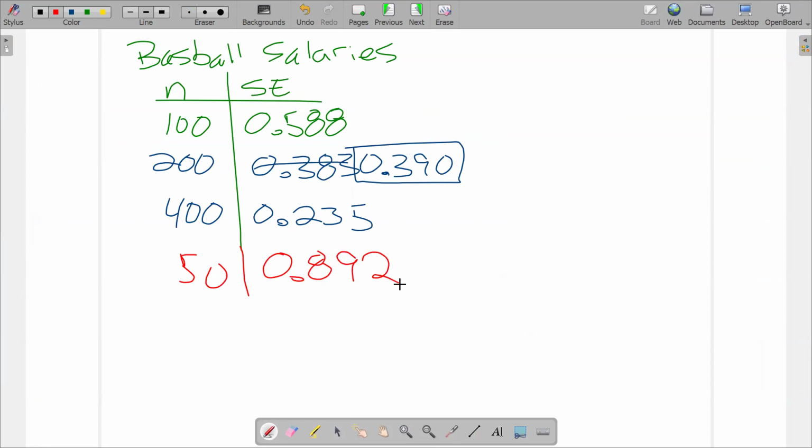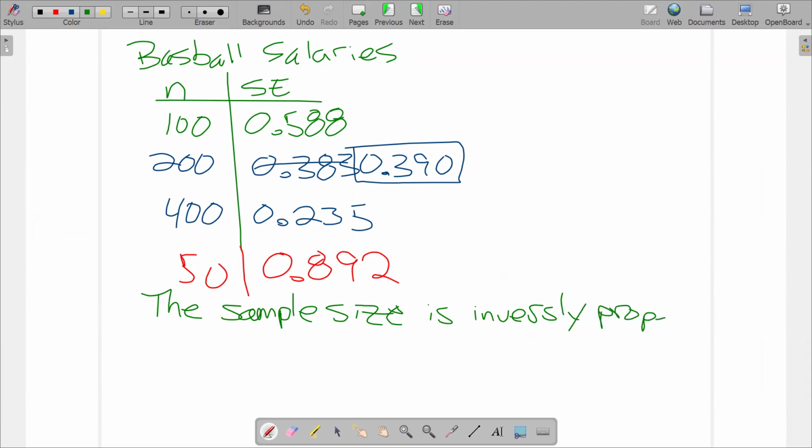So what we're seeing here is that the sample size is inversely proportional to the standard error. My statement isn't quite accurate because I don't know that it's a true proportion.